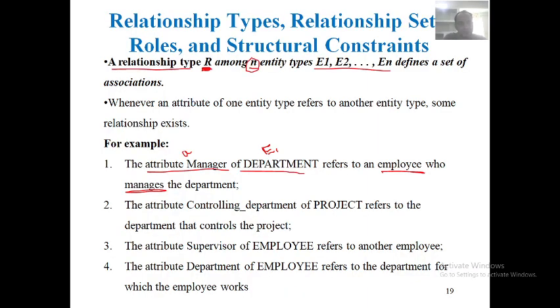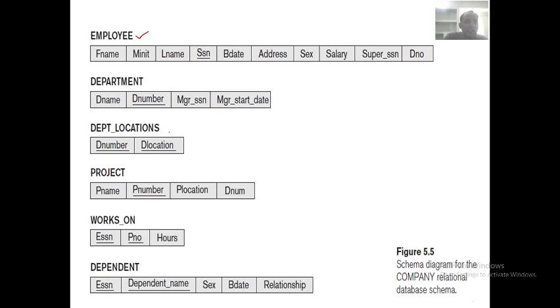Same thing here. See here now. The attribute manager SSN of the department table refers to what?